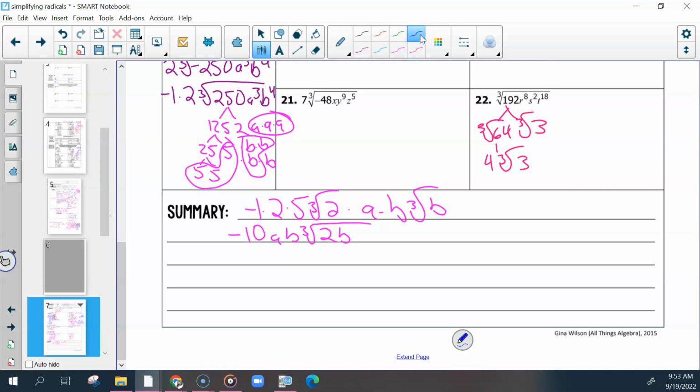Okay. 3 goes into 8 how many times? Twice. So 2 times 3 would give us 6. And there would be how many left over, if it only goes in twice? 2.